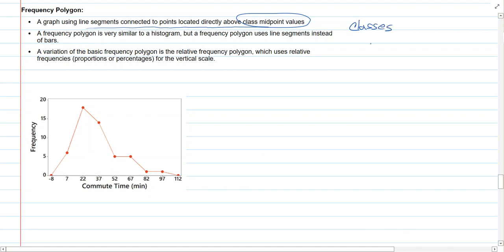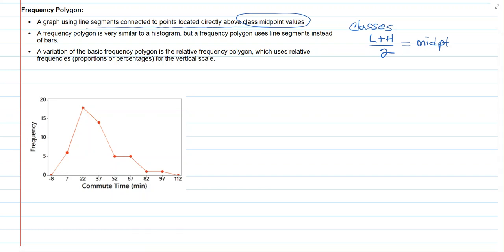And we're using the midpoint, which is the low plus the high divided by 2 gives you the midpoint. And that's more indicative rather than giving you a histogram. So it removes a histogram, but it shows you the change in the values of those classes. The frequency polygon is very similar to a histogram, but a frequency polygon uses line segments instead of bars.